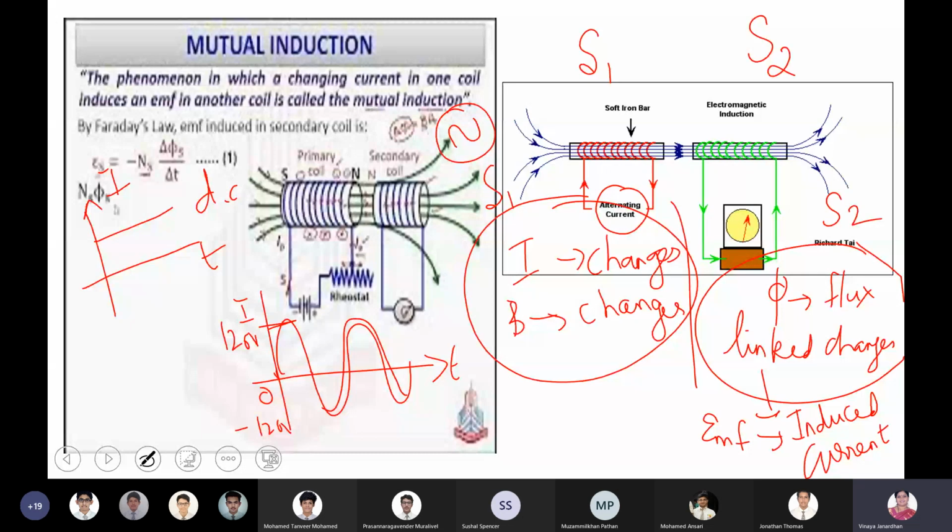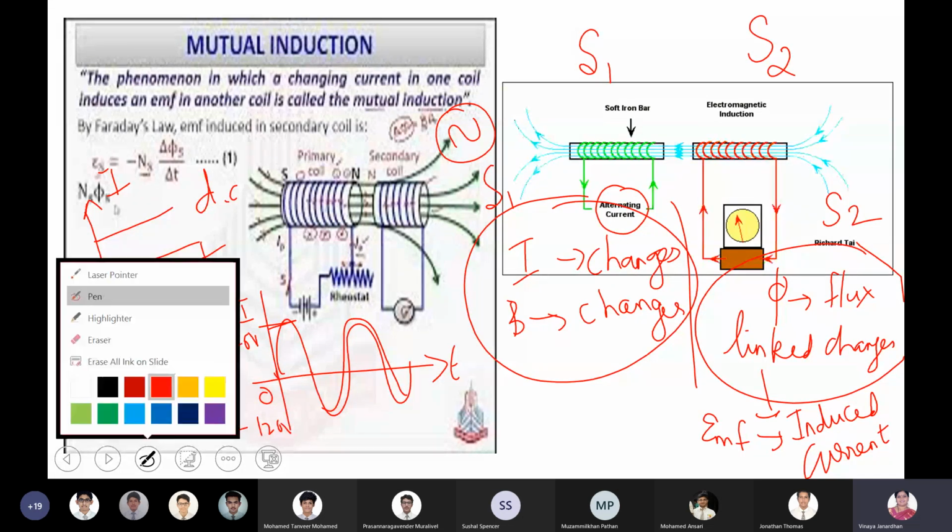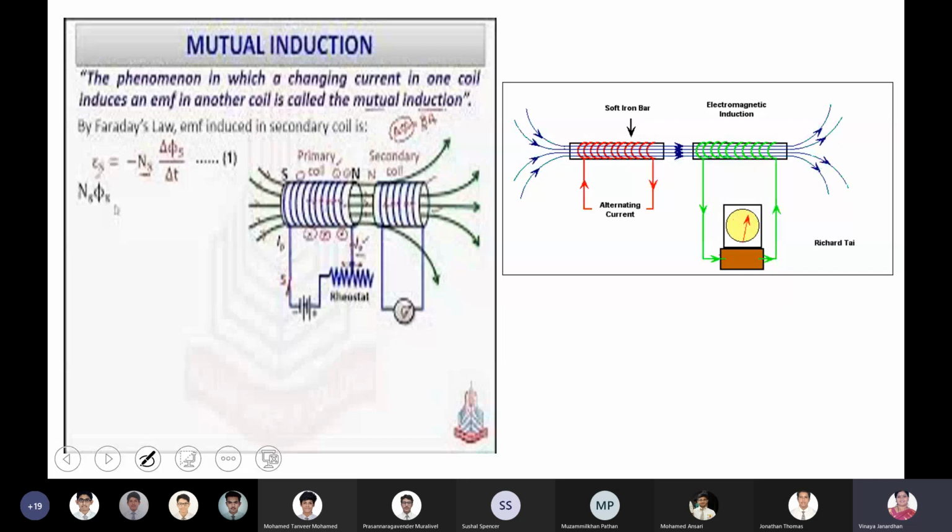This change in magnetic field will change the number of field lines, that is the flux passing through the coil S2, and hence an EMF is induced. And this way of inducing EMF in the secondary coil, we call mutual induction. Write the statement, boys. The phenomenon in which a changing current in one coil induces an EMF in another coil is called mutual induction.